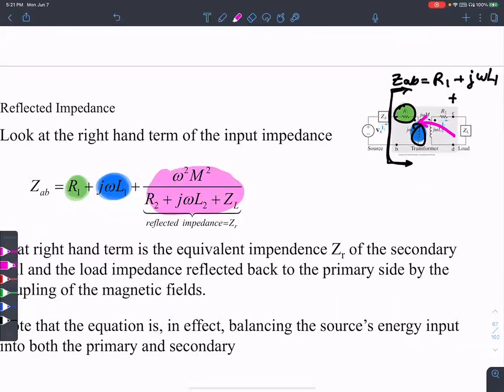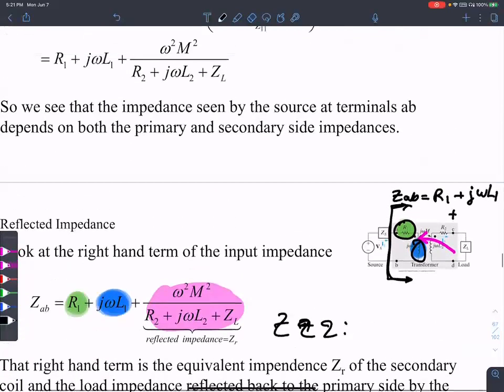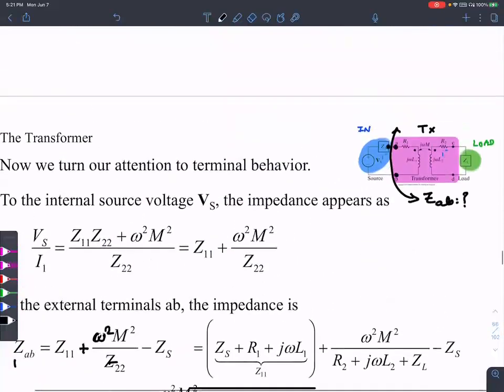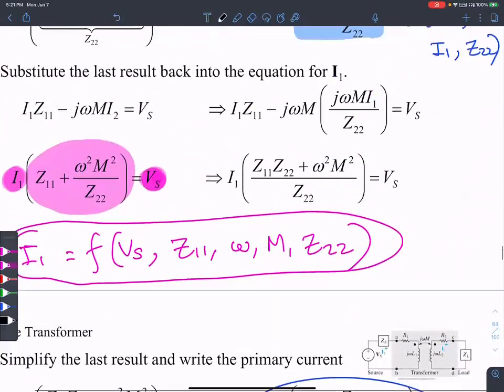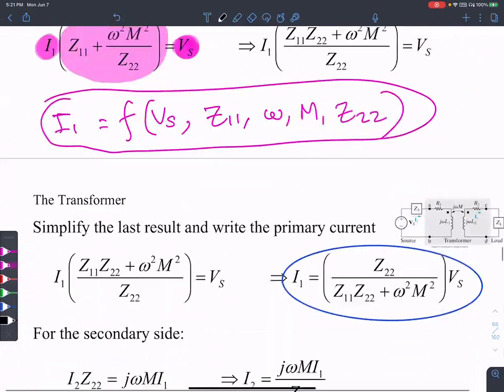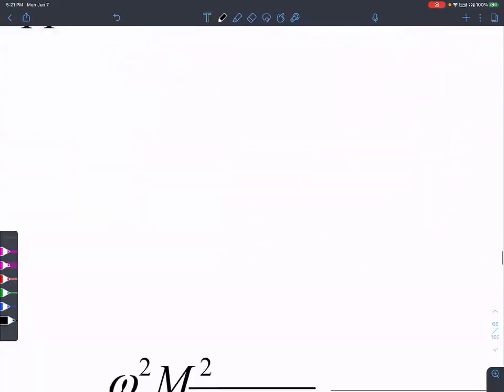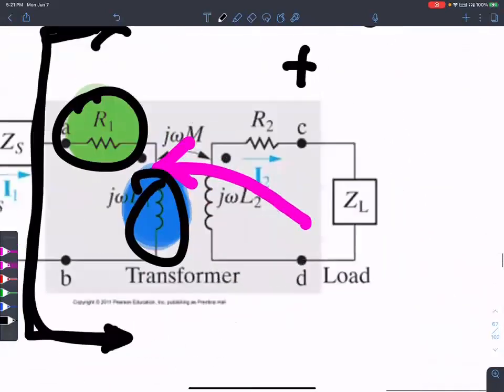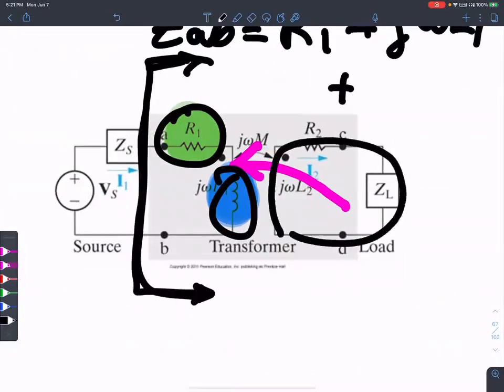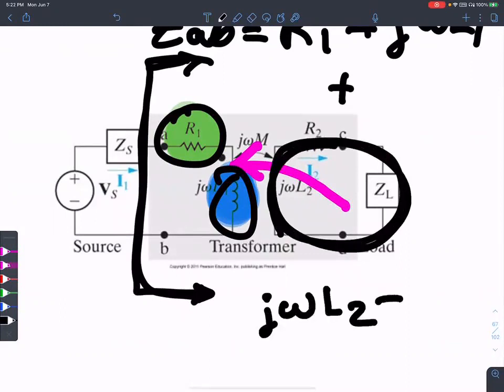What is Z22? Remember Z22? Let's go back to Z22. Z22 is the impedance on the right hand side: j omega L2 plus R2 plus ZL.